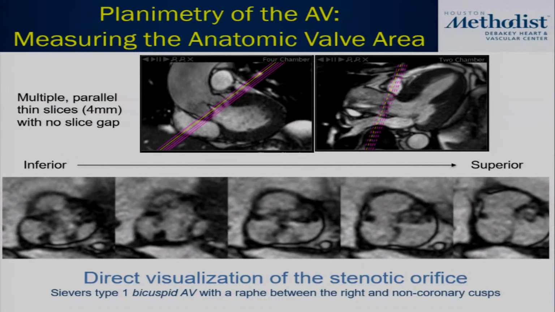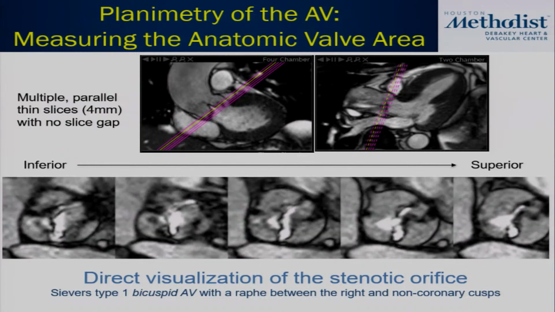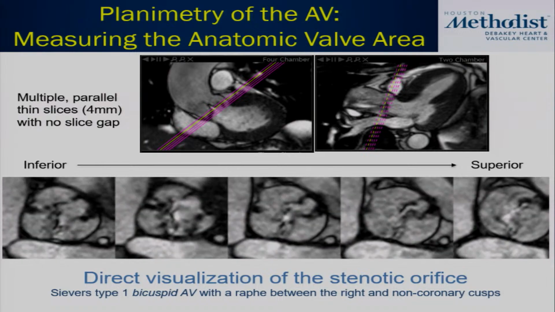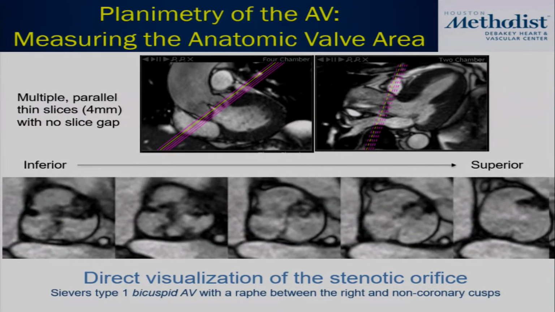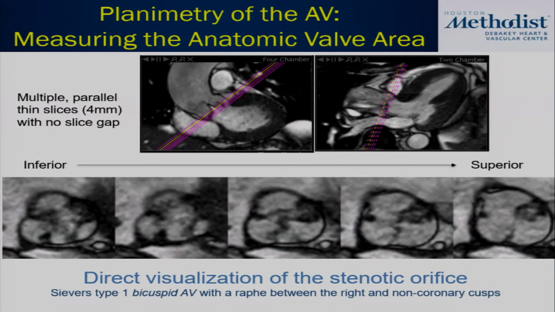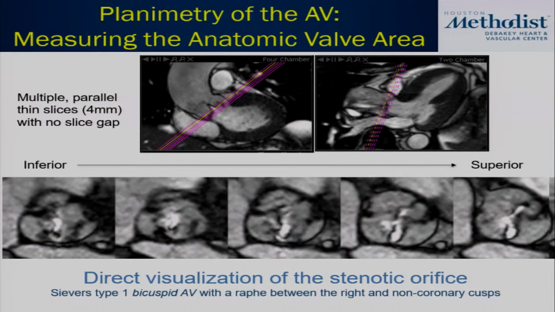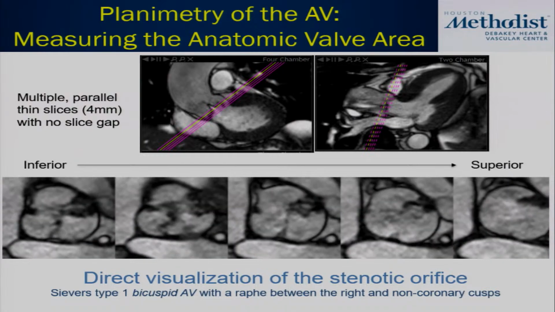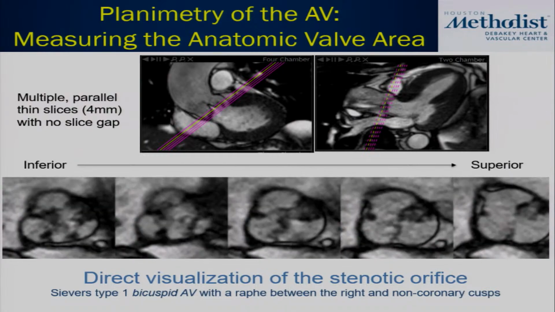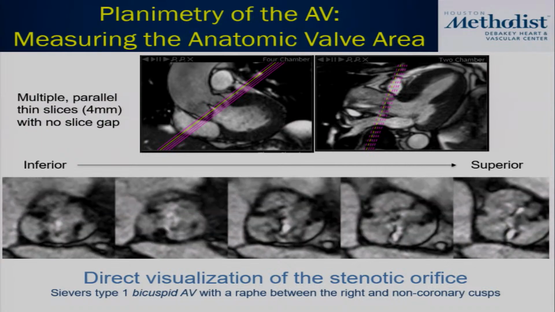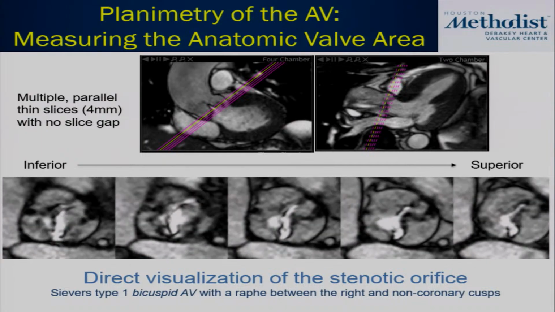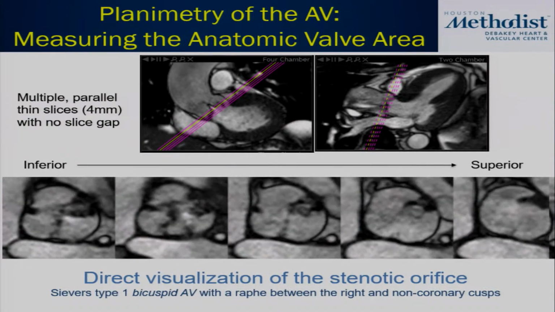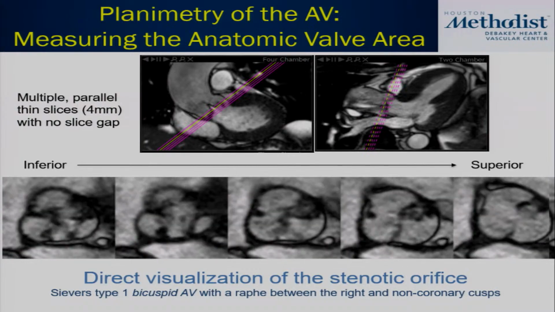Once we establish that this patient does have aortic stenosis and we know the type of valve they have, the next thing we want to do is determine how severe the aortic stenosis is. And this is again where I'll create a stack of short axis en face views of this aortic valve using my long axis views, and we're just going to directly visualize the anatomical orifice opening.